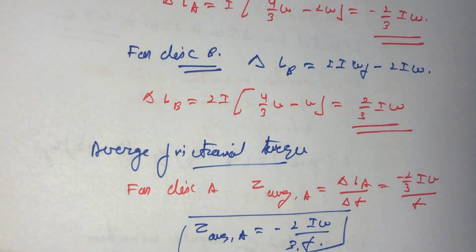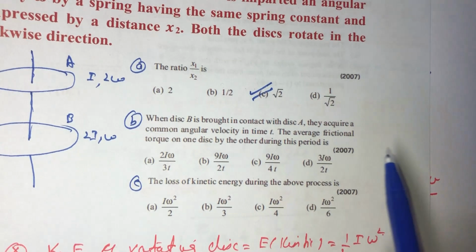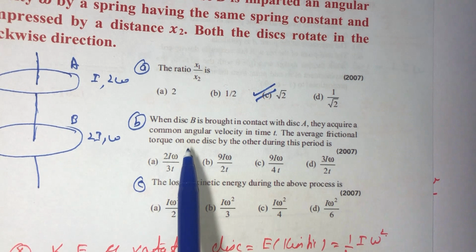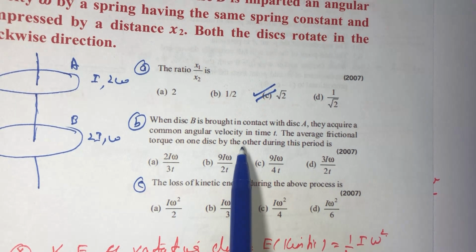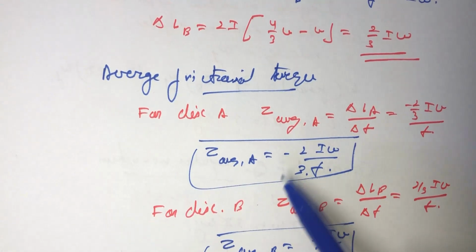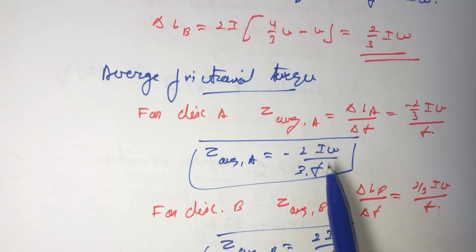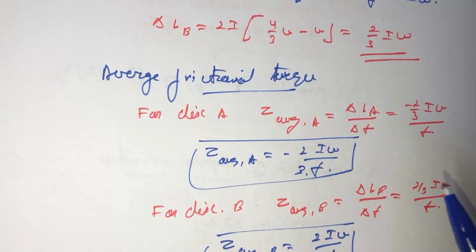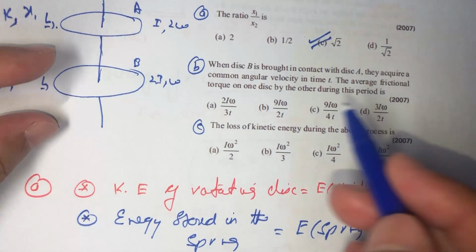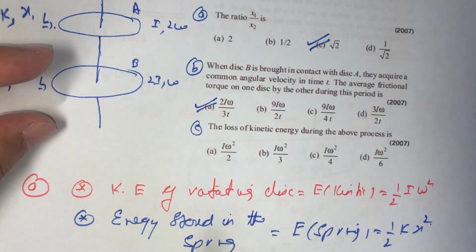In the question, we are supposed to find the average frictional torque exerted by one disk on the other during this time period. So from here we can say the average torque on disks A and B is the same in magnitude. Only thing is that the direction will be opposite. So therefore the option that is available to us is option A. So option A is the correct option.